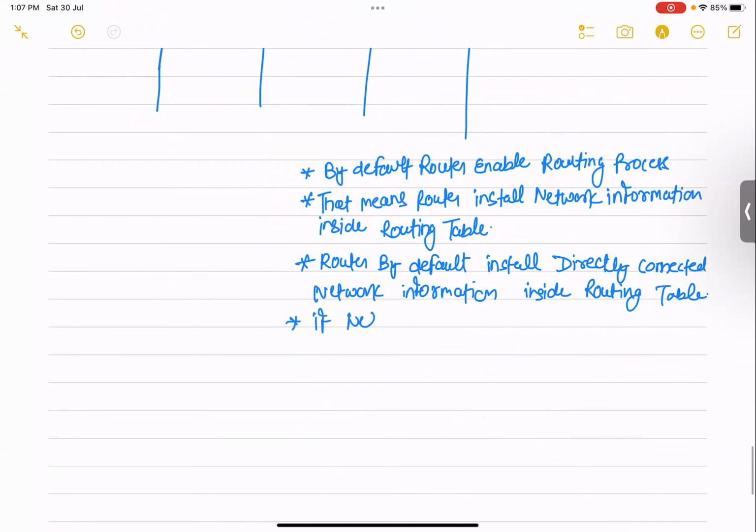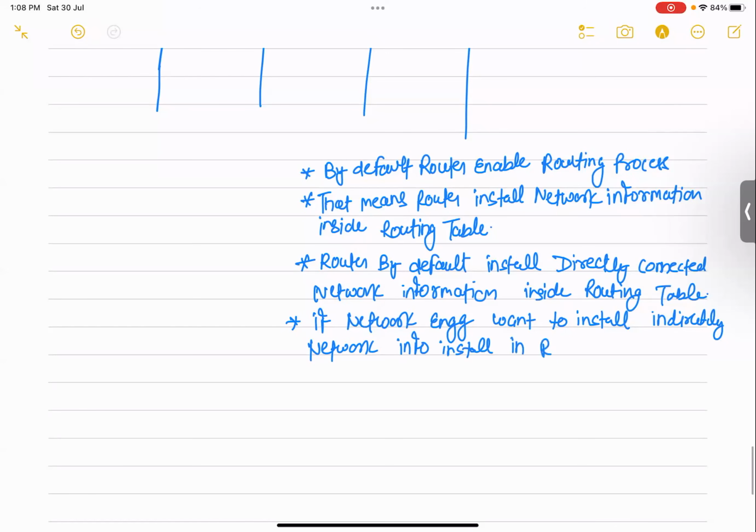If a network engineer wants to install network information, directly or indirectly, in the routing table, then something must be used.